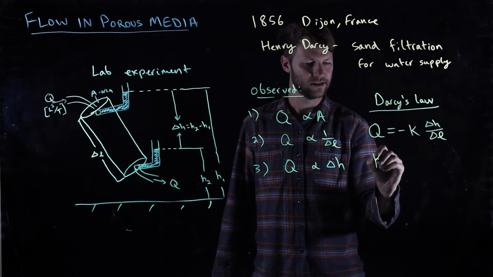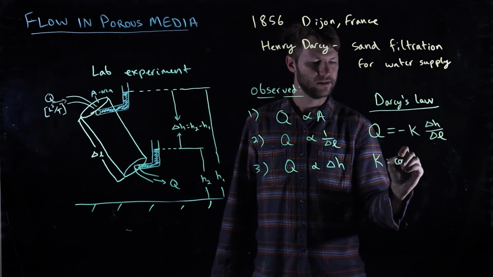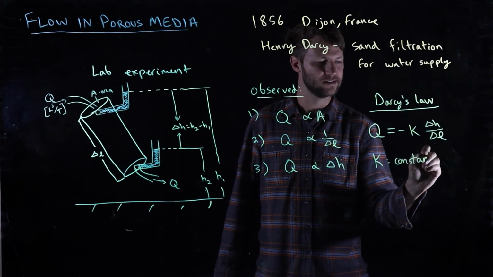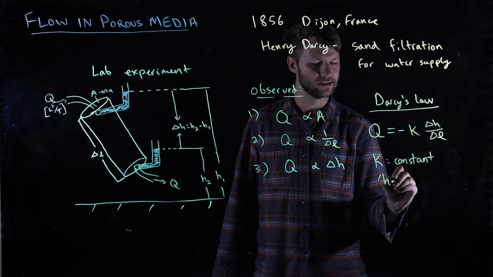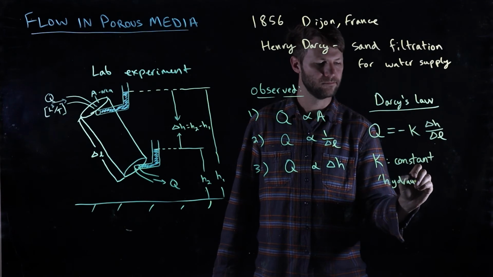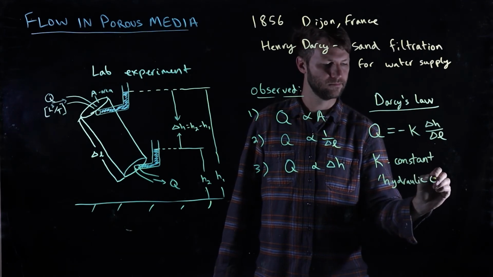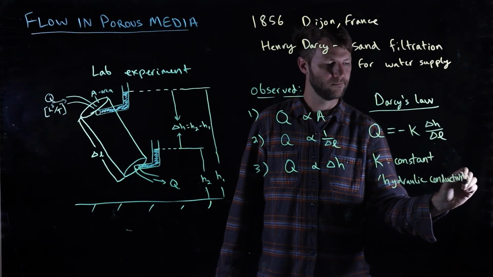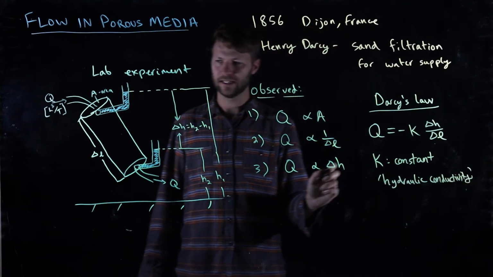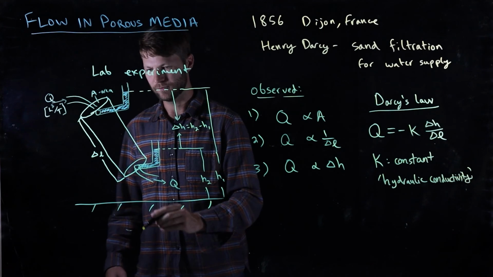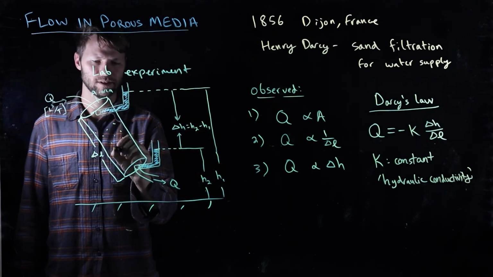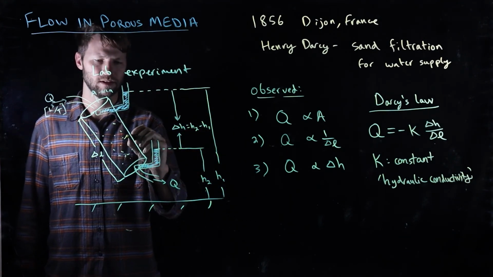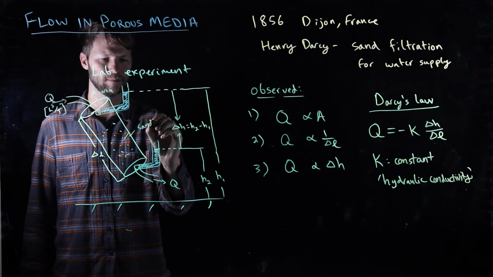And K here is this constant known as hydraulic conductivity. And as we will discuss in great detail later, it's related to whatever is in here. So this is maybe a sand pack, for example.